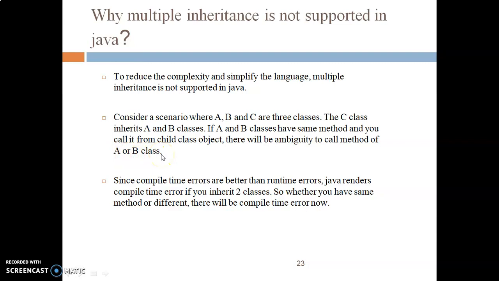Since compile time errors are better than runtime errors, Java renders compile time errors if you inherit two classes at the same time. To reduce that complexity, there is another version, that is interface. When a child class calls the same method from the two classes, the compiler gets confused and generates a compiler error. To reduce that ambiguity, there is the concept of interface.